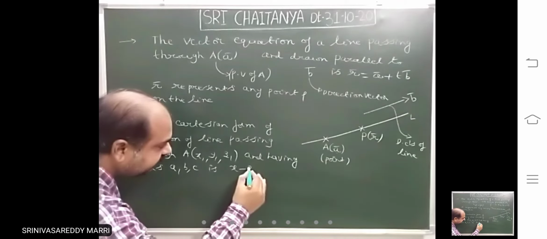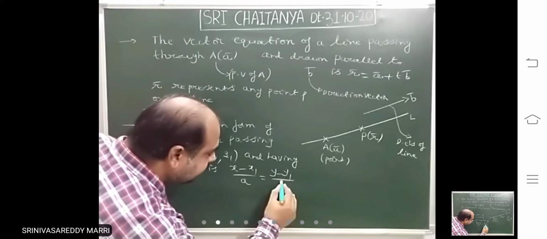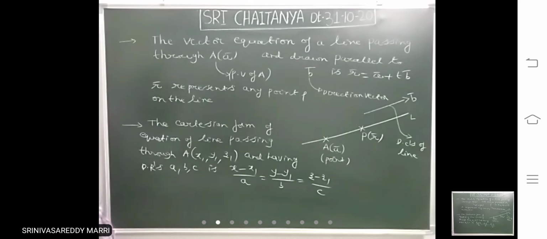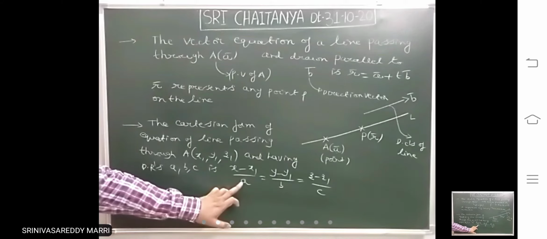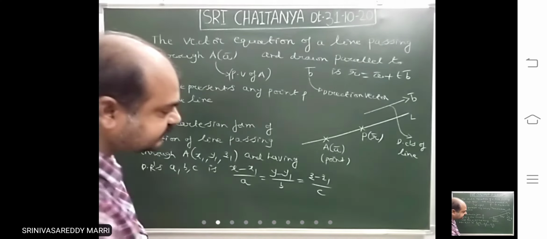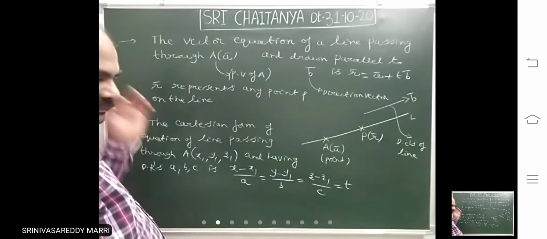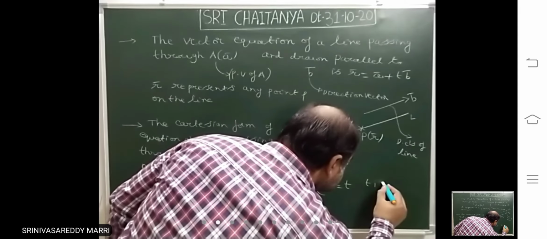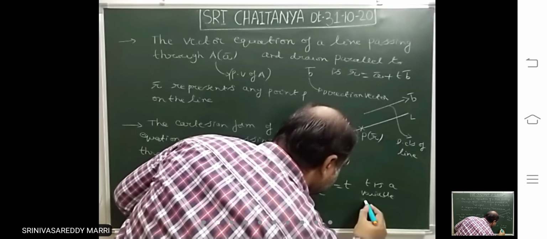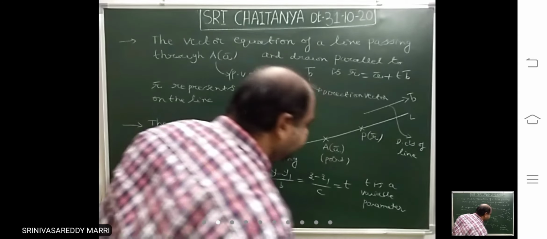In Cartesian form, the equation will always be in x, y, z: x minus x1 divided by a, y minus y1 divided by b, z minus z1 divided by c equals t, where t is a variable parameter.